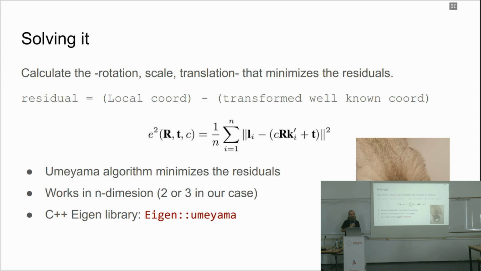For that, what we are going to do is compute the residuals and try to minimize them. Residuals is the difference between the local coordinate that we measured, the green values on the table a few slides before, and the transformation with these parameters of the well-known coordinates, or of what you measure from your GNSS receiver.